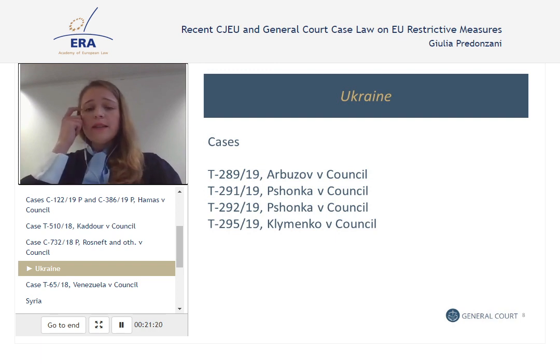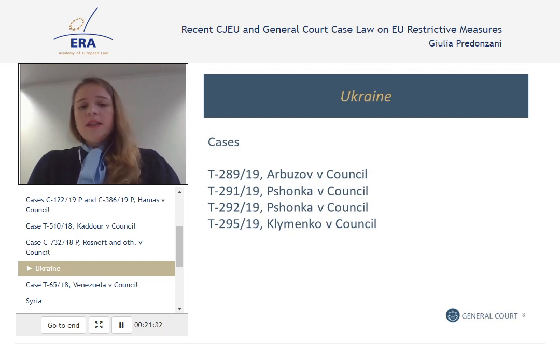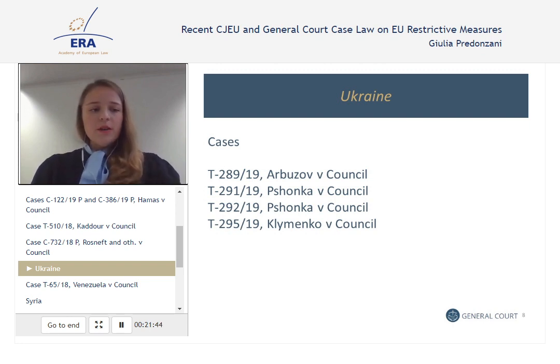So in those cases, the court clarified that even though the Council claimed that judicial review was carried out during the conduct of the criminal proceedings concerning all those applicants, the decisions which had been taken were not capable alone of establishing that it was enough for the person to be maintained on the list of restrictive measures.